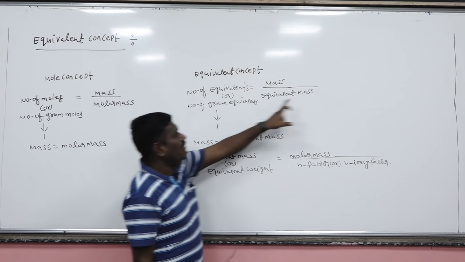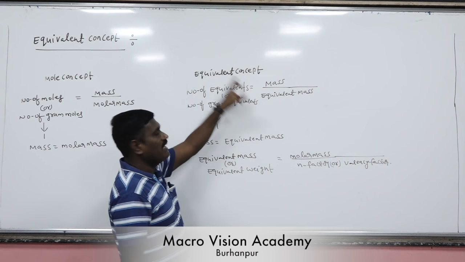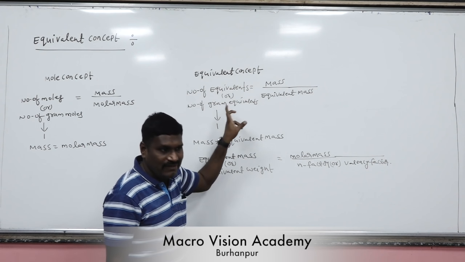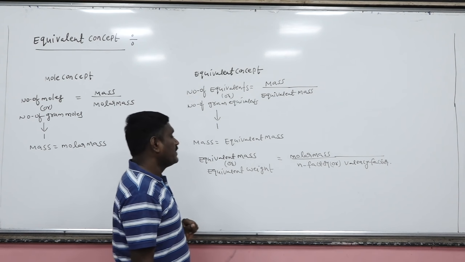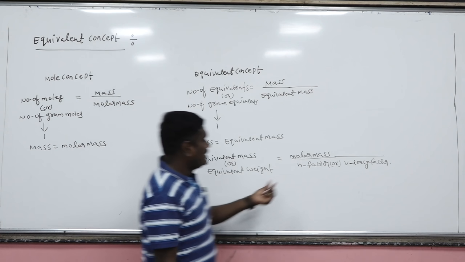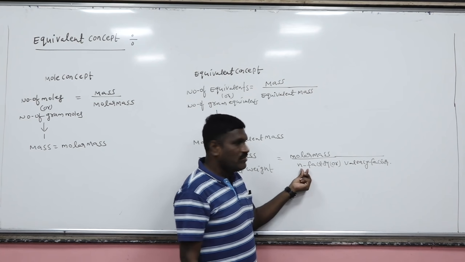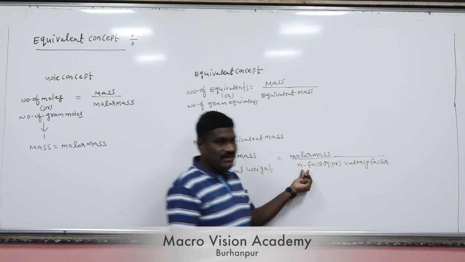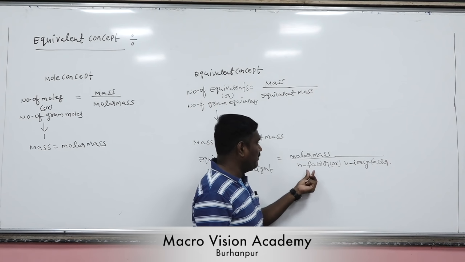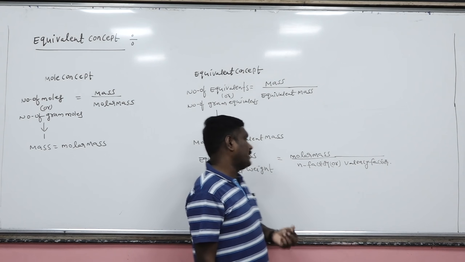Once we know the equivalent mass, we can find the number of equivalents. Now, the calculation of N factor is a very important concept, so you may have questions from the JEE NEET advanced level point of view.